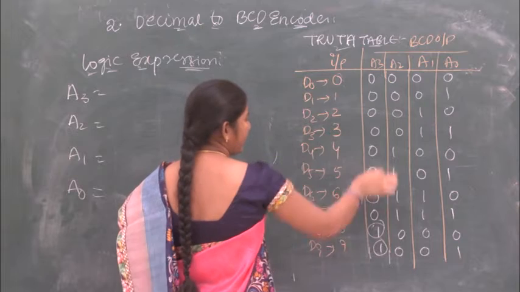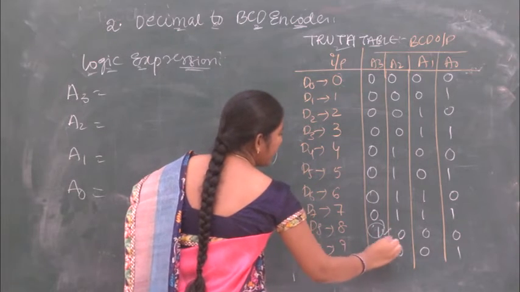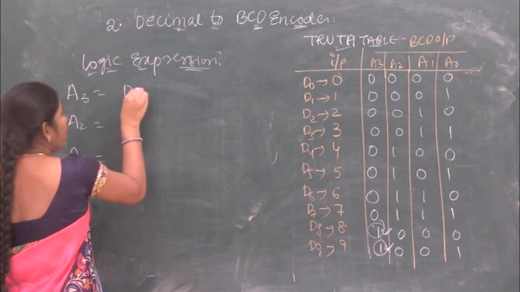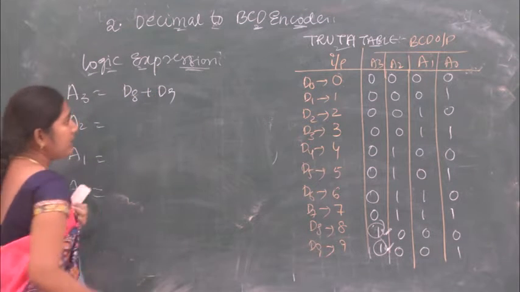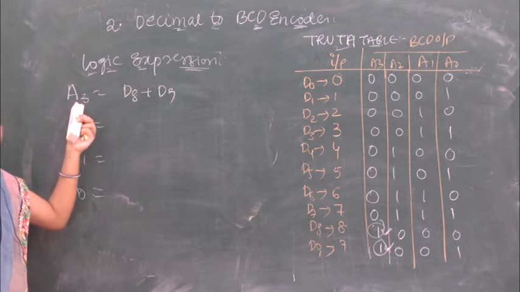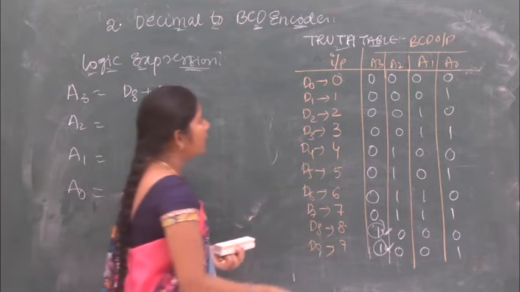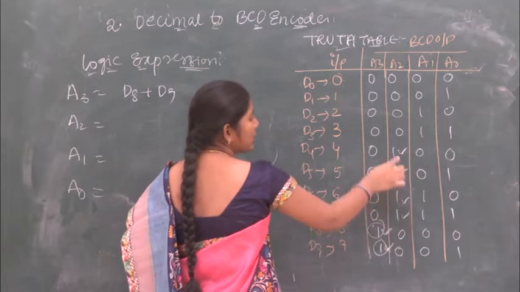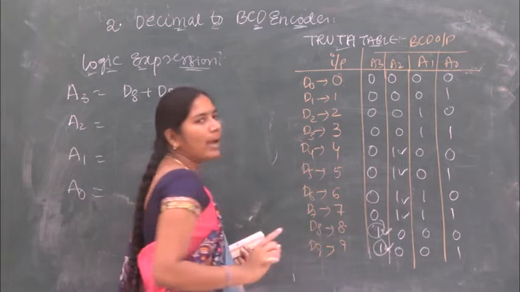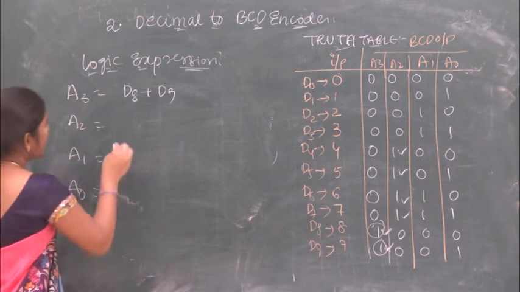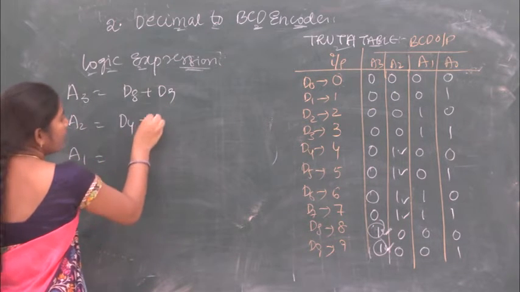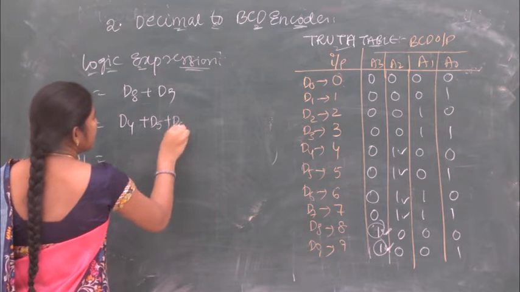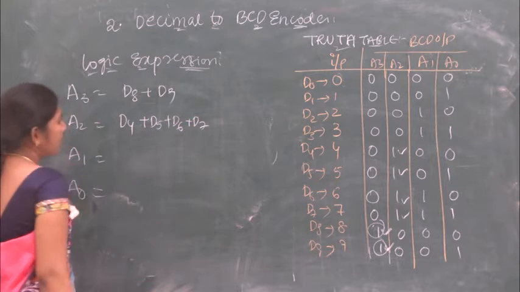So A3 is high only when D8 or D9 is high. Similarly, for A2, just consider only these cases, because during these cases only your A2 value is high, which are D4, D5, D6 or D7.